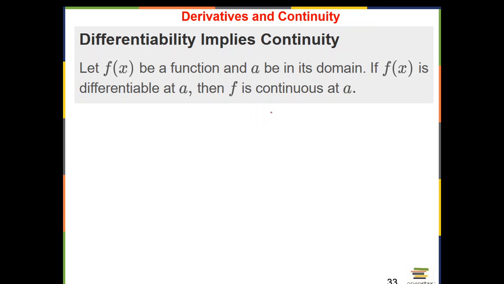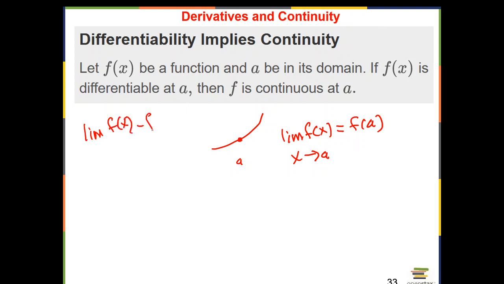So continuity was basically if a function is continuous at point A, then the limit of f of x when x approaches A is f of A. And if a function is differentiable at a point, that means the limit of f of x minus f of A over x minus A when x approaches A is a number. That means it exists, right?